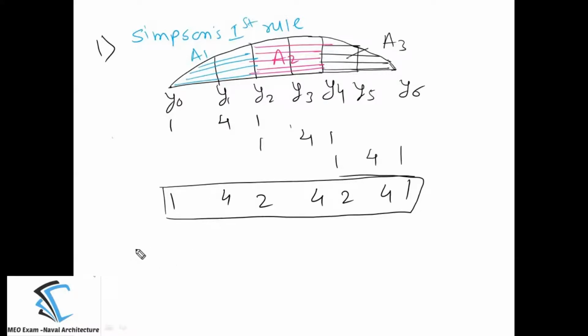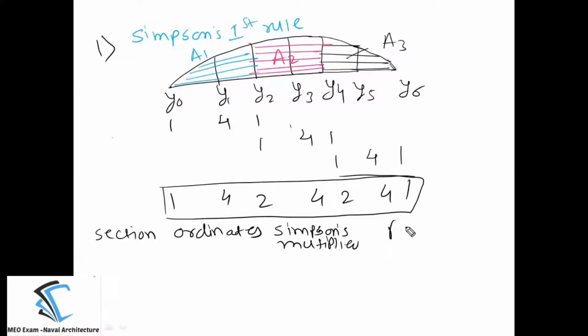And if you want to now calculate the area of this full region, again I will suggest go to the tabular method only. So how to write that? First will always be section, then you have ordinates, then you have a Simpson's multiplier, then you have a function of area, provided this ordinate should be a length or linear property.